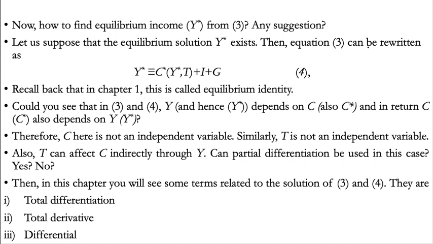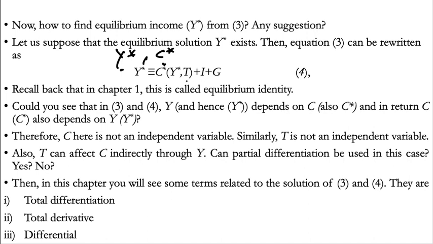Then equation 3 can be written as equation 4. So we have Y star equals C star as a function of Y star and also tax T, plus I plus G. As you can see, we only have two variables with a star, Y star and also C star. Why? Because these two are endogenous. Therefore, these two, if you give numbers, can be calculated from 4.